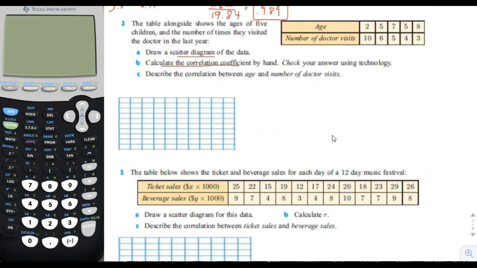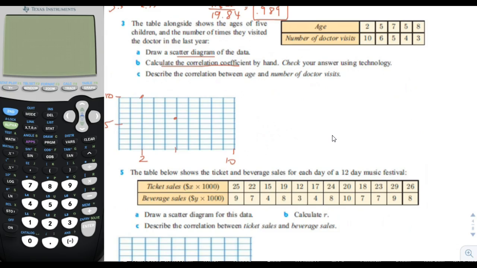Okay? So on the x-axis we're going to have the numbers between 2 and 10. And on the y-axis, we're going to have the numbers pretty much up to 10 also. All right, and we're going to graph these points. So we're going to have 2 comma 10. There's 1. We have 5 comma 6.